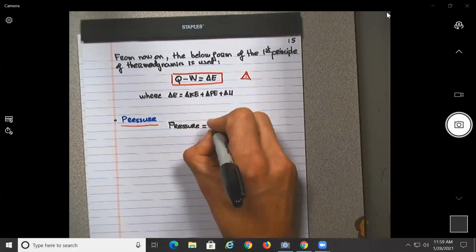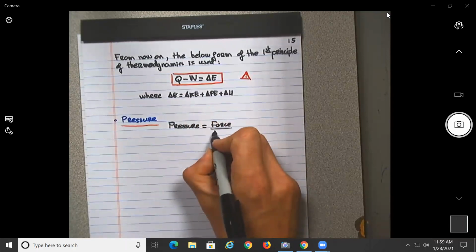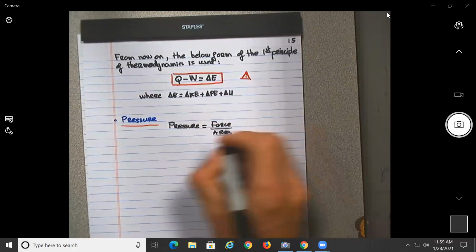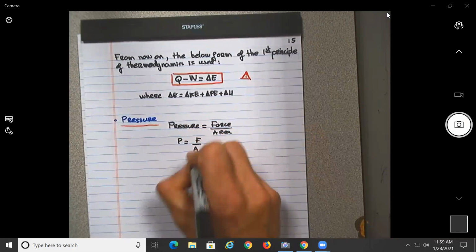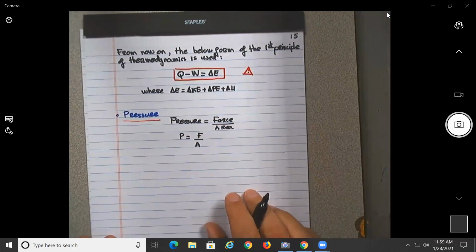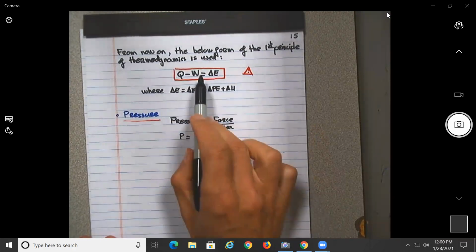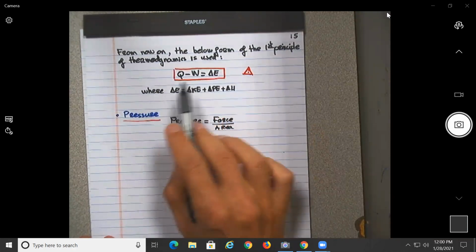So pressure is force over area, or P equal F over A. Okay, so what did we do over here? Remember, we said what is the work done by the force of the spring?